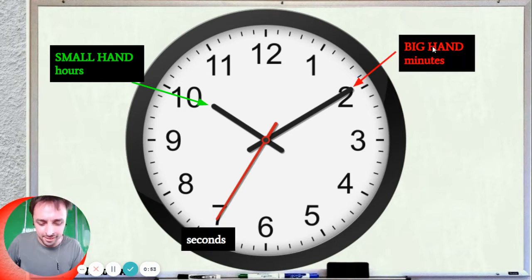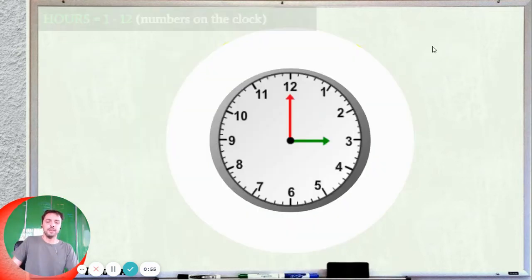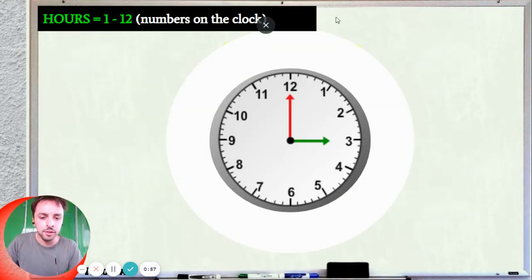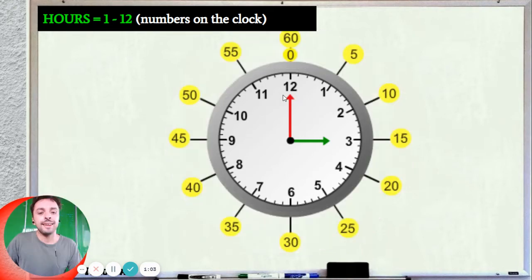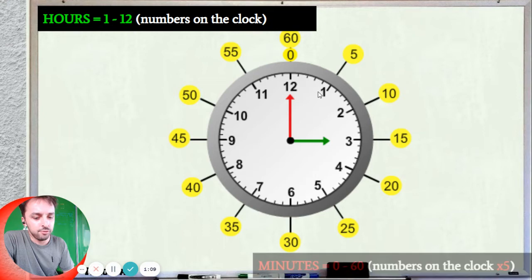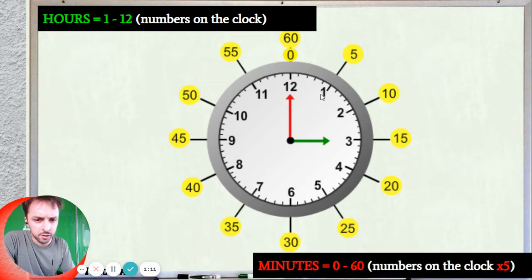Minutes, hours, and seconds. Okay, remember the hours are the numbers on the clock. The numbers 1 to 12, they are your hours. And here are your minutes. There are 60 minutes in an hour.